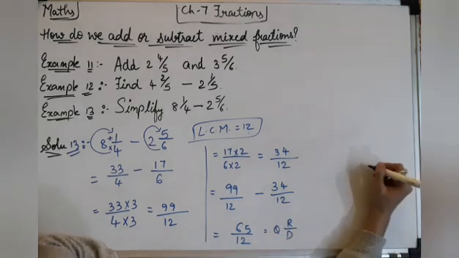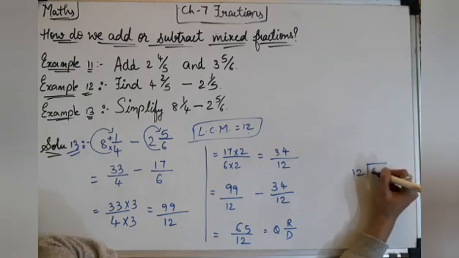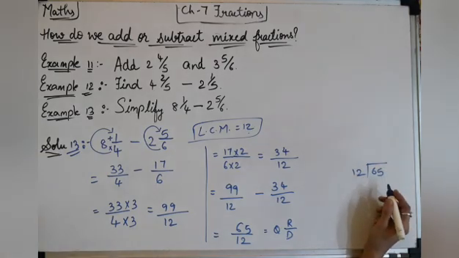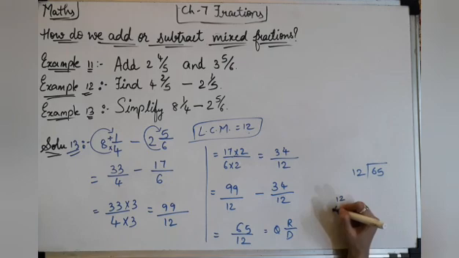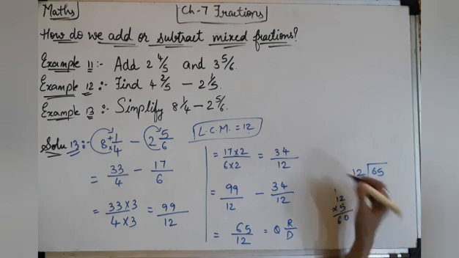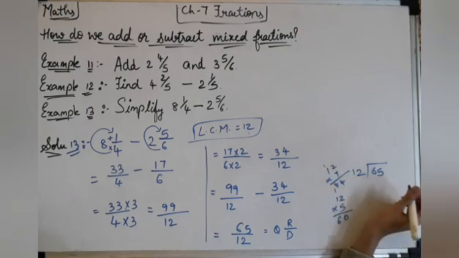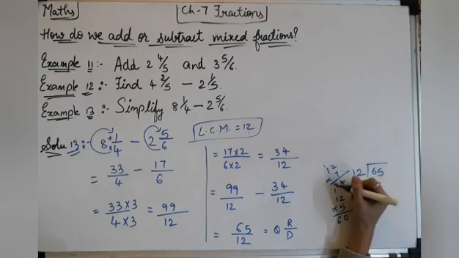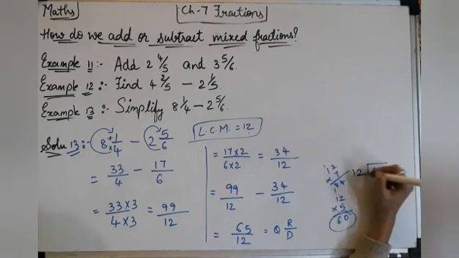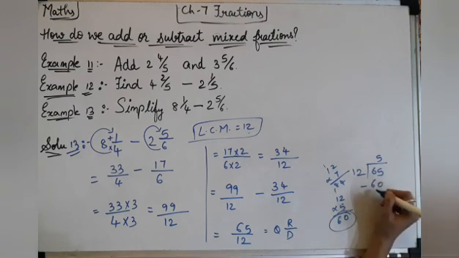Always remember this. 65 divided by 12. In the 12 table we see 12 5s are 60. 12 7s would be 84, which is a greater number. So we'll take 60. 12 5s are 60 and 5 is the remainder.